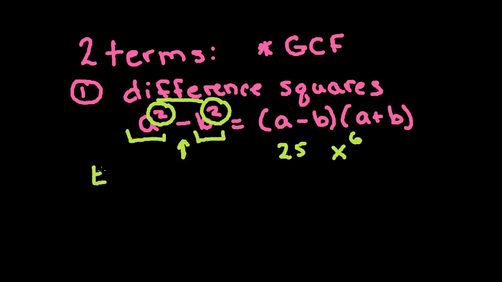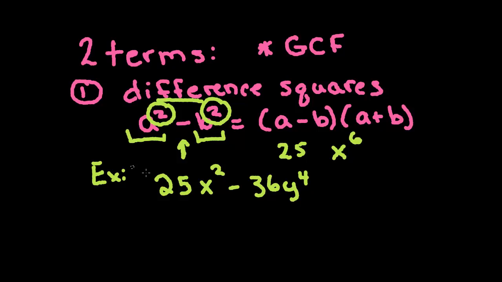So an example might be 25 x squared minus 36 y to the 4th. So you can see that this meets our criteria.